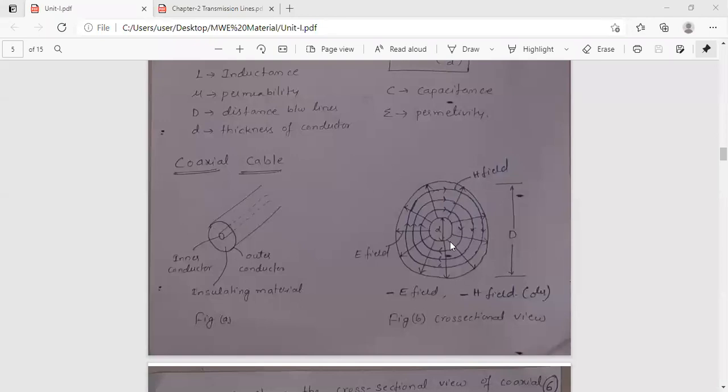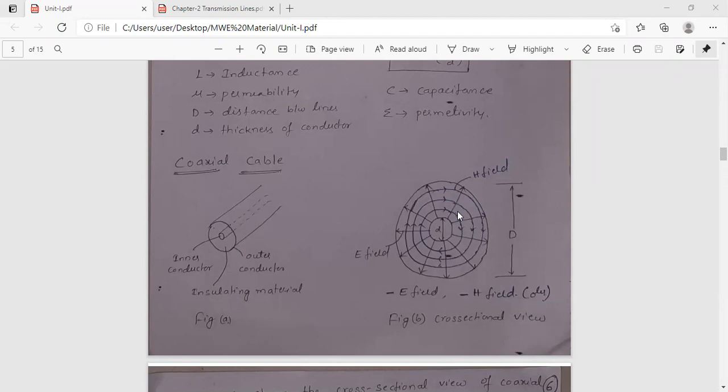Do remember this statement. I am repeating it. It is very important, where a transverse electromagnetic wave is propagating along the coaxial cable. So both electric field and magnetic field will be produced, and in turn those two will be perpendicular to each other. Okay, so this is a very important point.